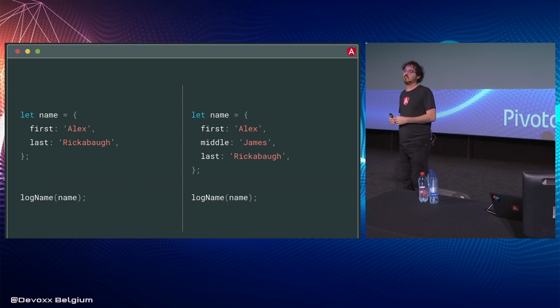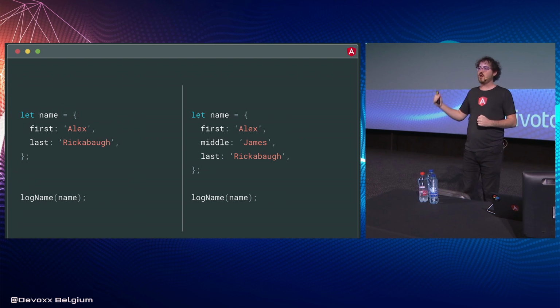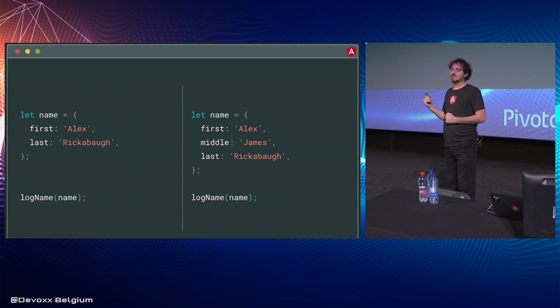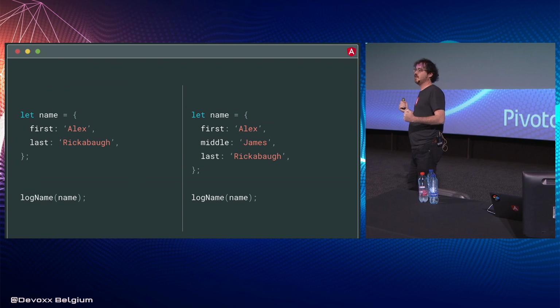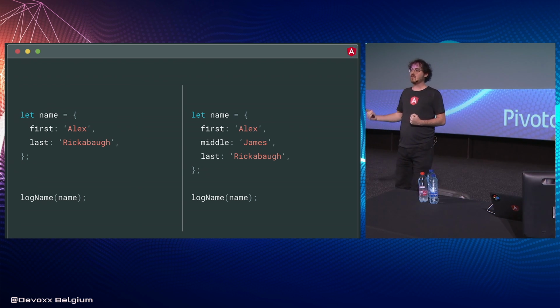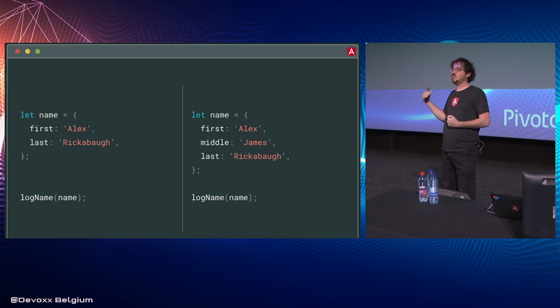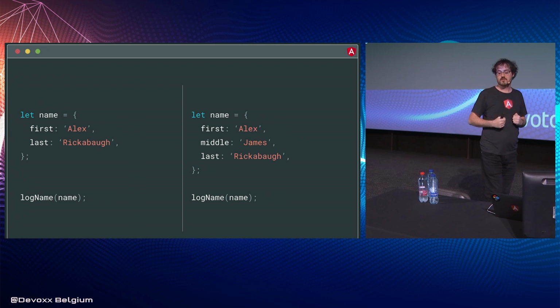It doesn't care if that property is there. But because it's there, these two objects have different layouts in memory. The last name and the first name property may be in different locations. And so when the jitter is trying to generate machine code for the logName function, it has to take into account that not all objects, not all names that come through will have the first and last properties in the same place.